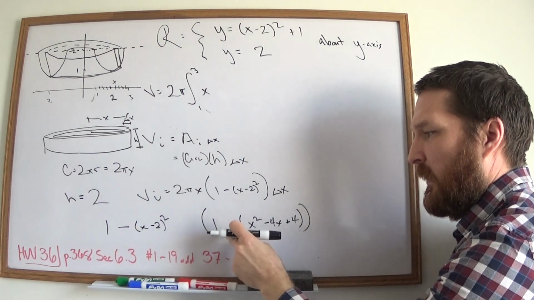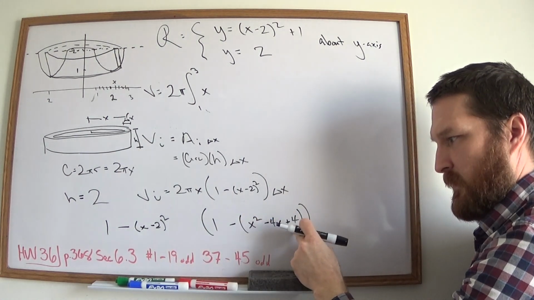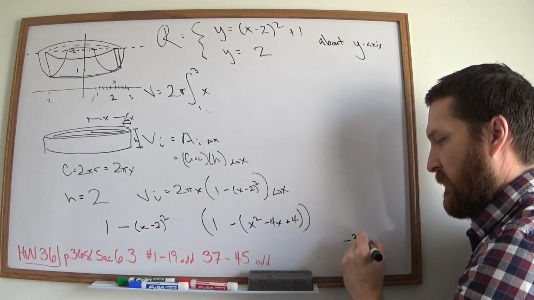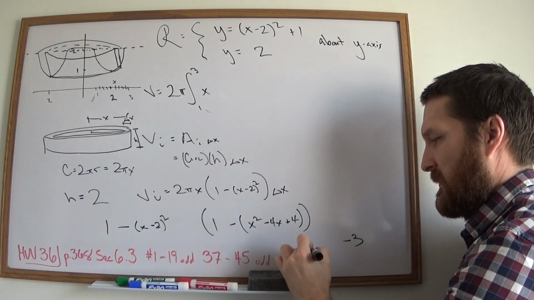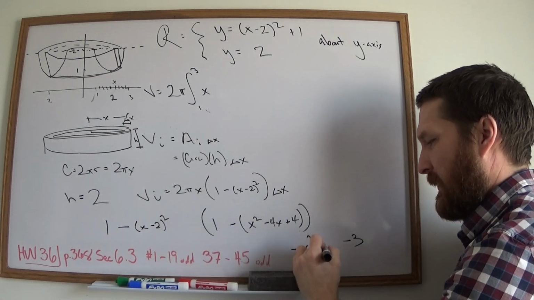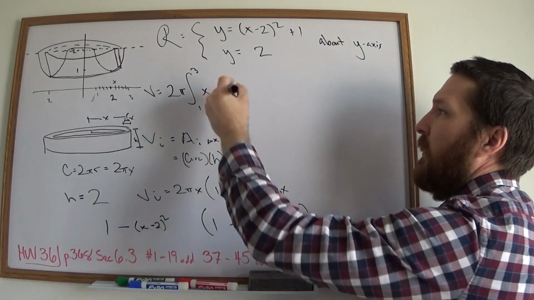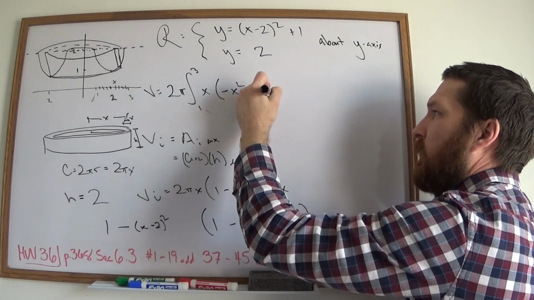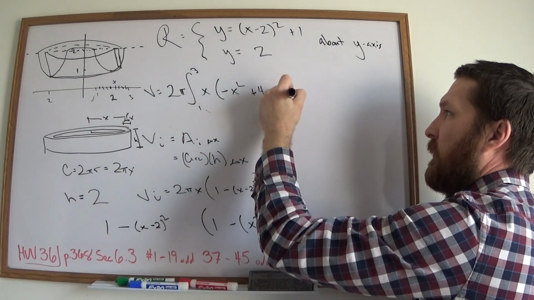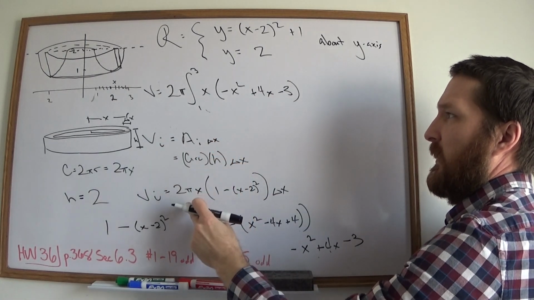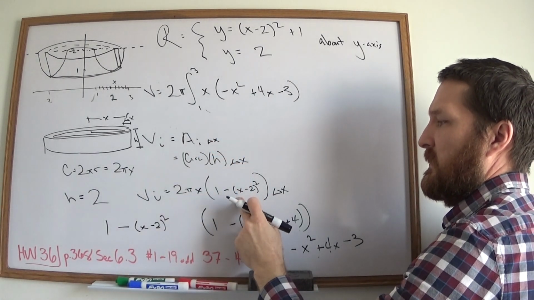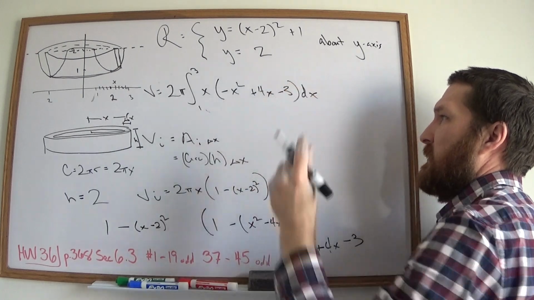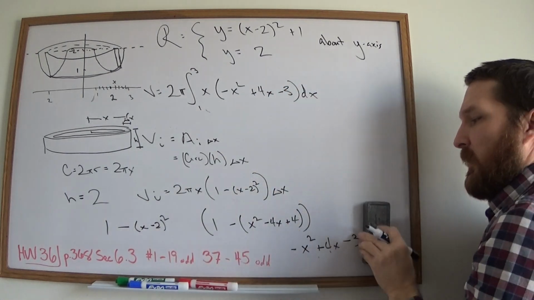So 1 minus 4 is negative 3, minus x squared plus 4x. So minus x squared plus 4x minus 3. Do I have everything? 2 pi x, this stuff, dx. There we go. Almost there.